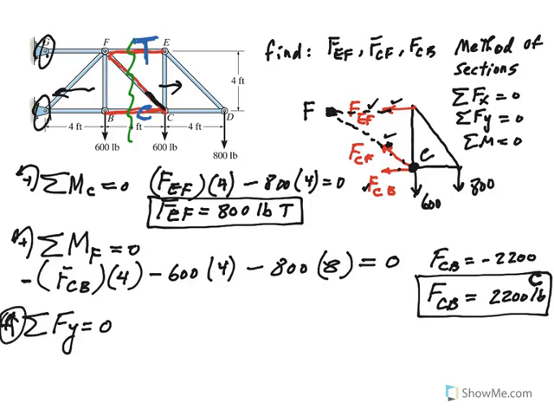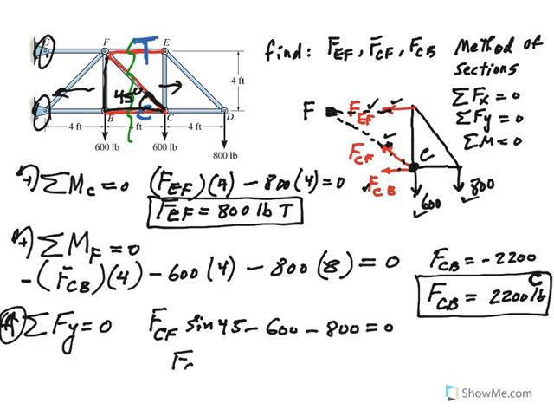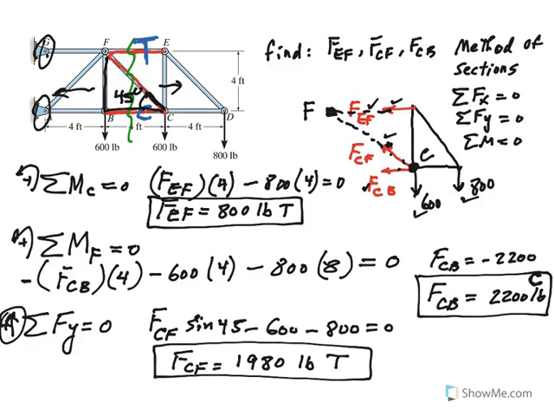The component of FCF in the y direction: notice that this is 4 feet and this is 4 feet, so this angle must be 45 degrees. So that would be FCF sine 45. We have a 600 going down here and an 800 going down, so that's 1400. So FCF becomes positive, roughly 1980 pounds. Because we got a positive, this member is also in tension.